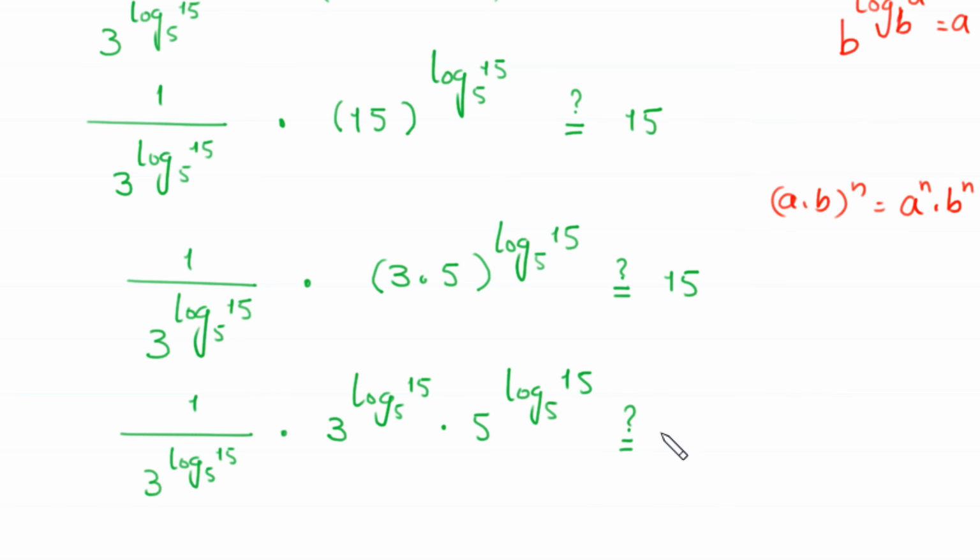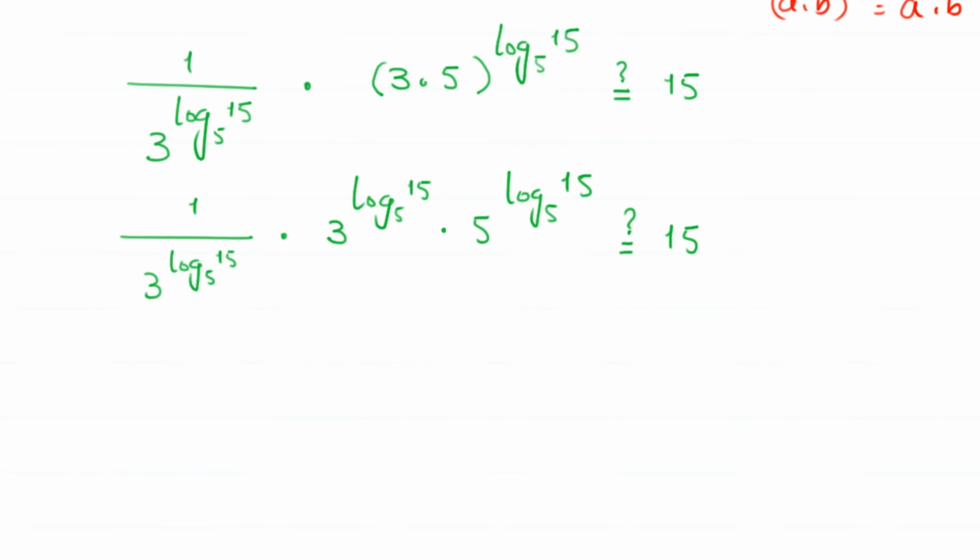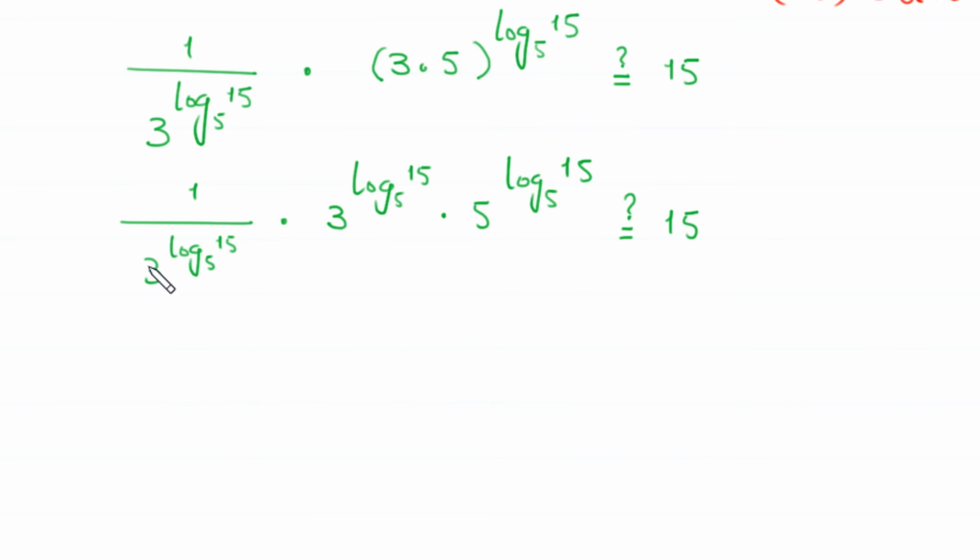Is it equal to 15? Now this 3 to the power log base 5 of 15 will be cancelled out with this 3 to the power log base 5 of 15, and this expression will become 5 to the power log base 5 of 15. Is it equal to 15?